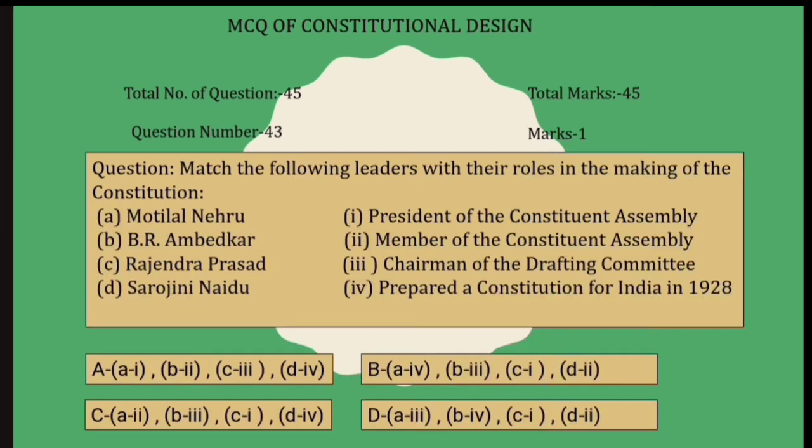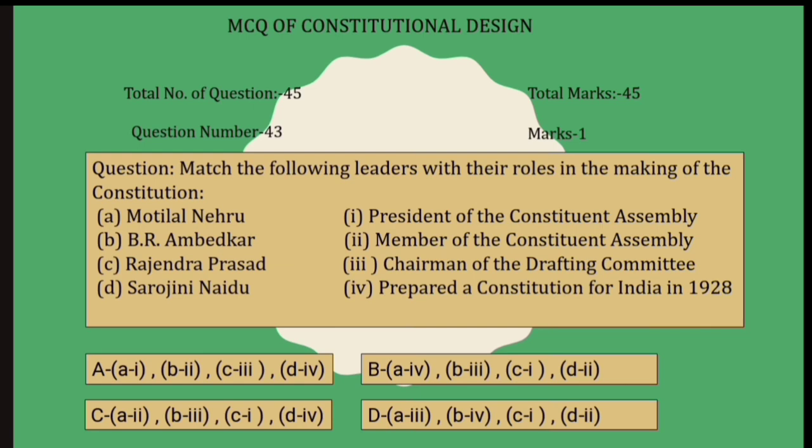Question 43. Match the following leaders with their roles in the making of the Constitution. A. Motilal Nehru, President of Constituent Assembly. B. B.R. Ambedkar, Member of Constituent Assembly. C. Rajendra Prasad, Chairman of Drafting Committee. D. Sarojini Naidu prepared a constitution for India in 1928.